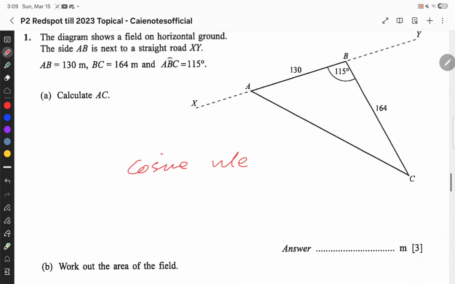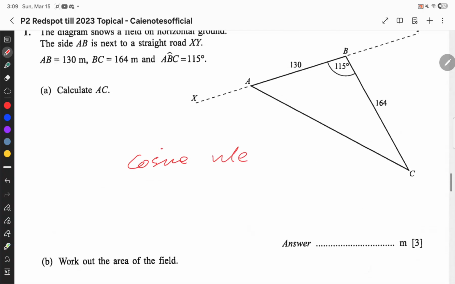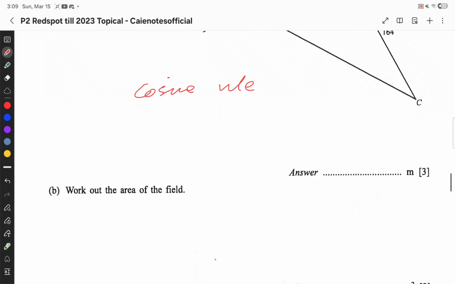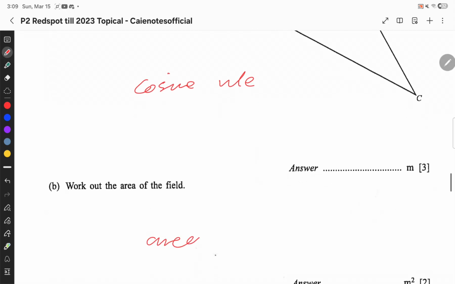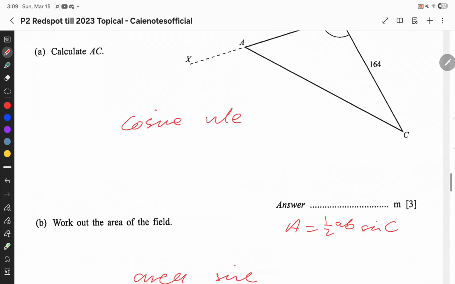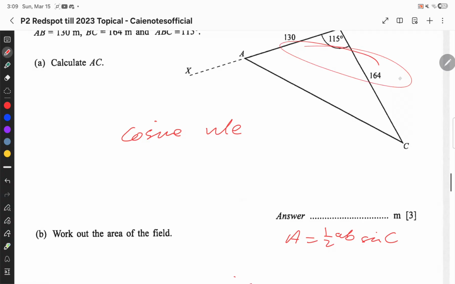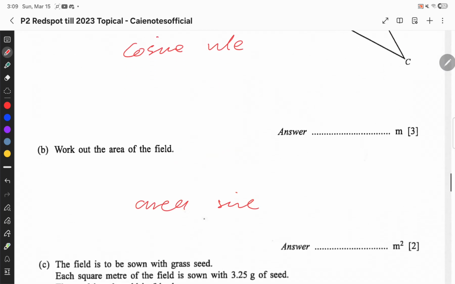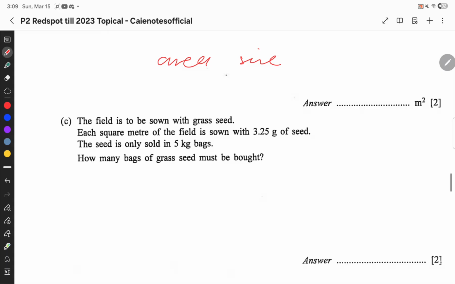What about the area of the field? How do we get area of ABC? Well, this is area sine rule, which is A equals a half AB sine of C, where A and B are the legs that make up the angle and C is the angle that the legs make of the triangle. So this is the area sine.